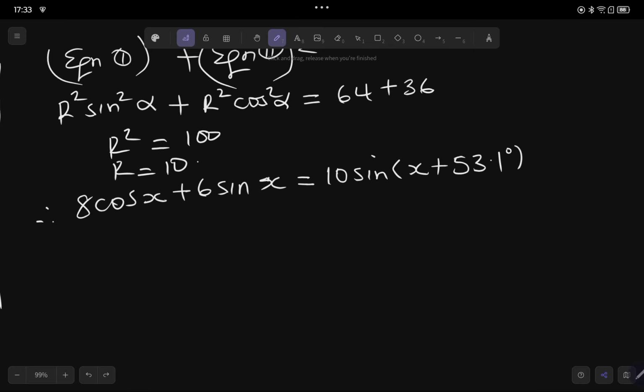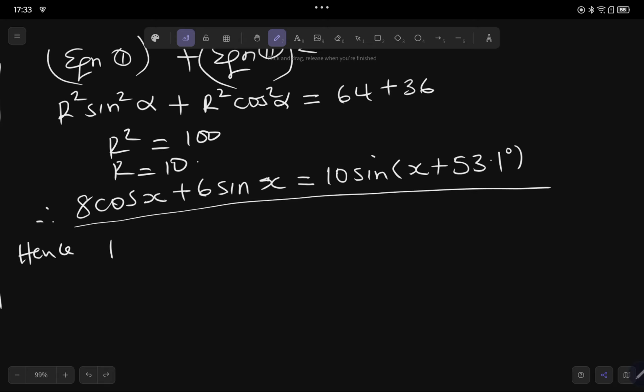Now we have finished that expression. Then they were saying we are supposed to hence find the minimum and the maximum. Yes, we are now on the hence part.